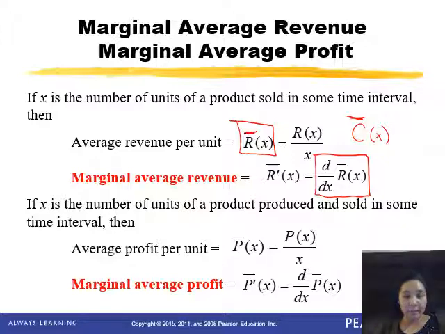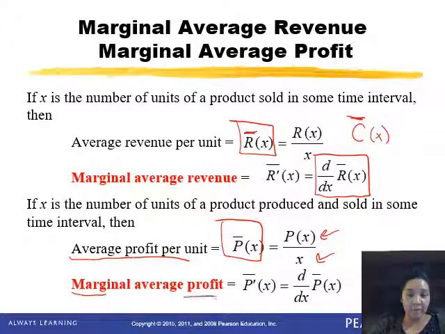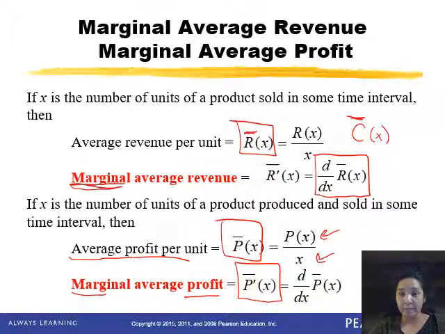And the last but not least is our average profit function. So the average profit function is just the profit divided by the number of items sold. And so the marginal average profit is just the derivative of that profit function. So notice if you see marginal, you know that's the first derivative of a function.